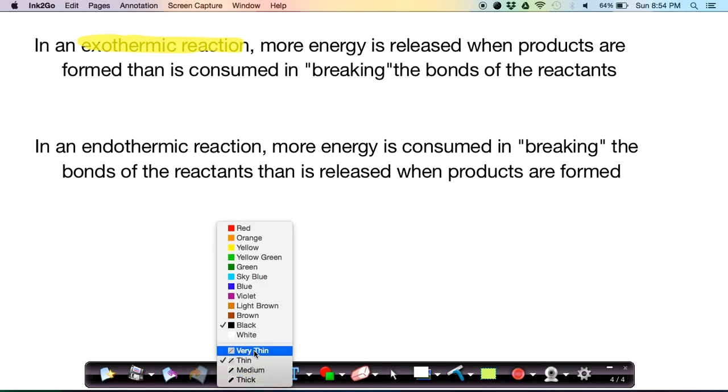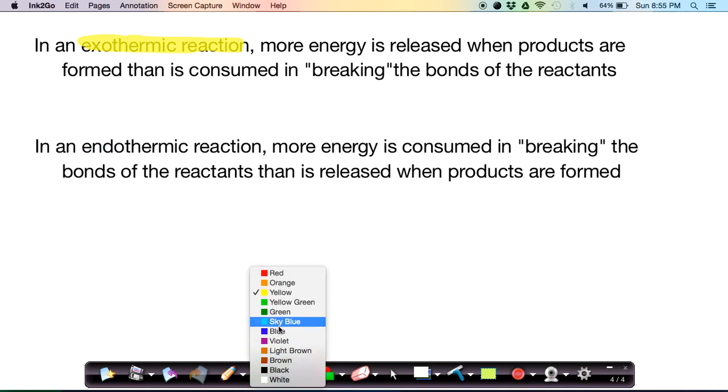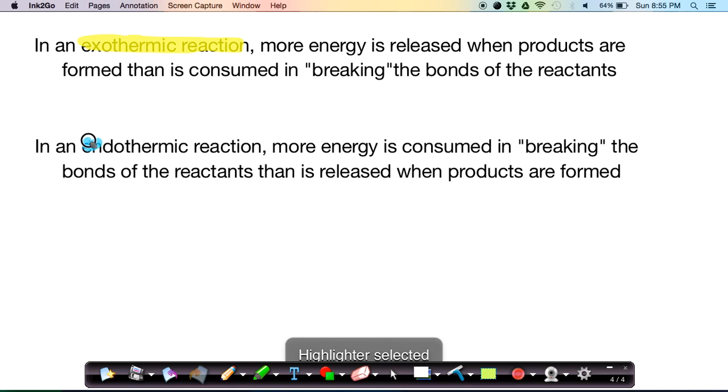On the other hand, the reverse can be true as well. In an endothermic reaction, we're going to see more energy consumed in breaking the bonds of the reactants than is released when the products are formed. So there would be a net input of energy in an endothermic reaction.